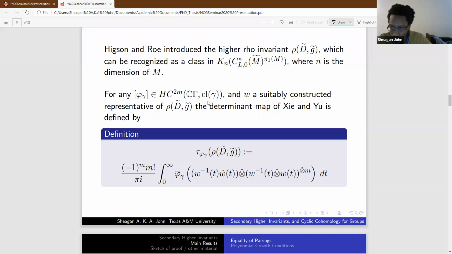Here I'm using the determinant map that Shi and Yu defined in the case for traces. And that is, if we have a suitably constructed representative of this rho invariant class, then we define our determinant map, which is just a linear map on K theory, like this, as this integral.